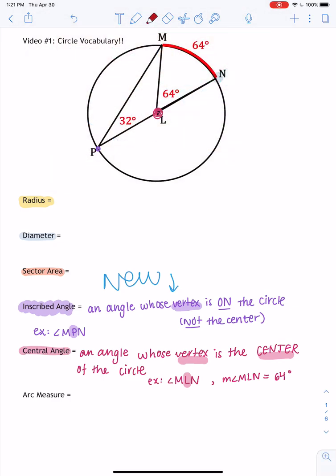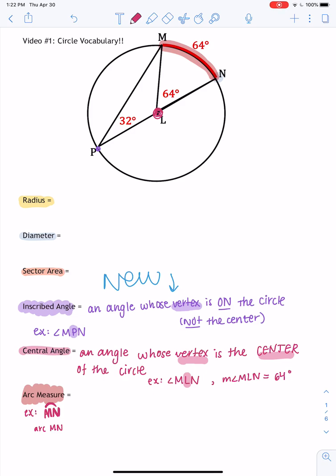Switch to red. Arc measure is talking about, so an arc is a part of the circle's circumference. So this is an arc. So example is arc MN. And we put a little rainbow on top. This means arc MN.